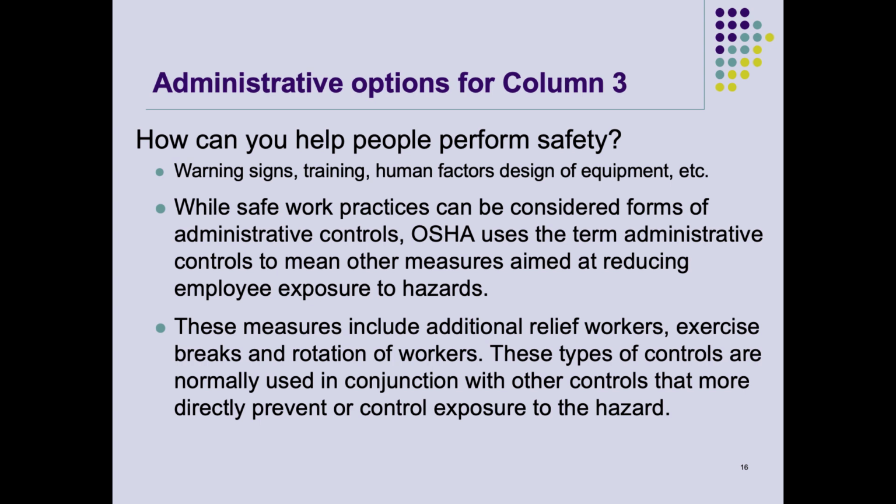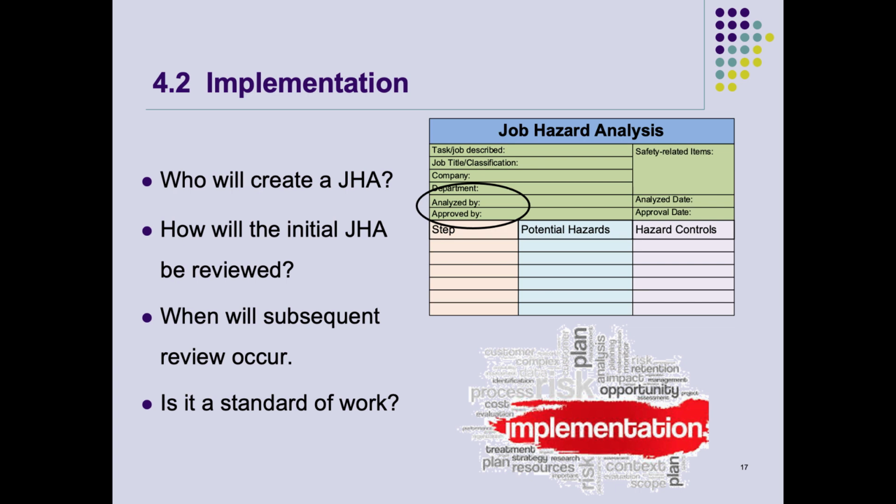So things like exercise breaks and work rotation can help bring down their exposure. But they're really not doing much to eliminate the hazard. So they're good in conjunction with engineering controls and personal protective equipment, but they don't always stand so well on their own.